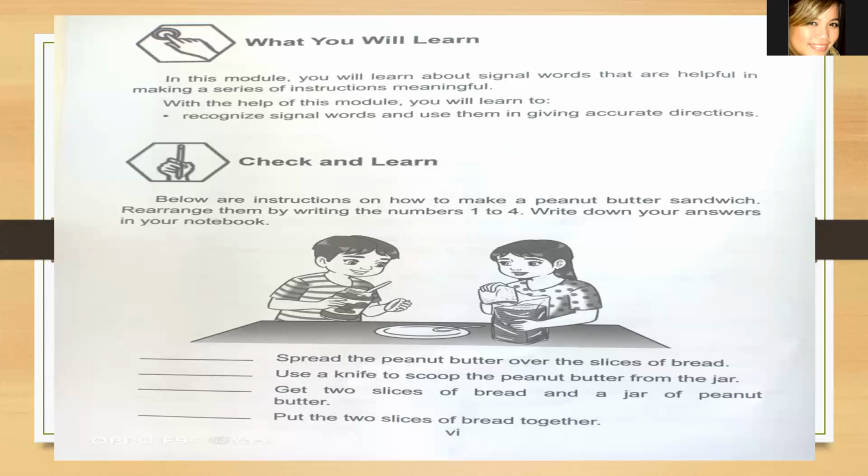Okay, sige daw. Mag-count ko og 1 up to 60. That means equivalent to 1 minute. Tan-awon nako kung kinsa ang makasakto og arrange sa number sa inyong answer sheet. So, meaning all you need to do is to number 1, 2, 3, 4, or i-arrange ninyo, may nauna na.